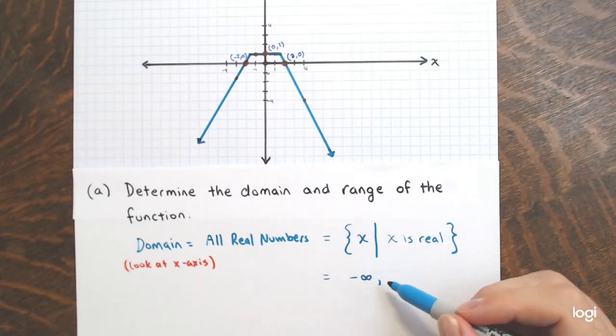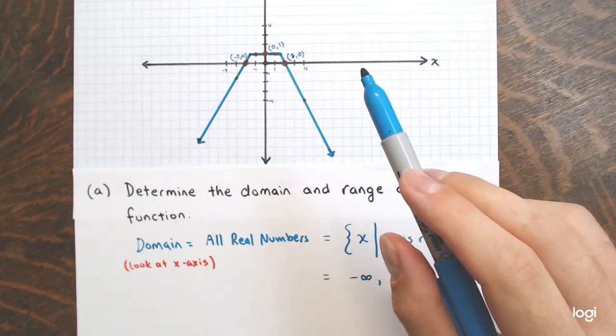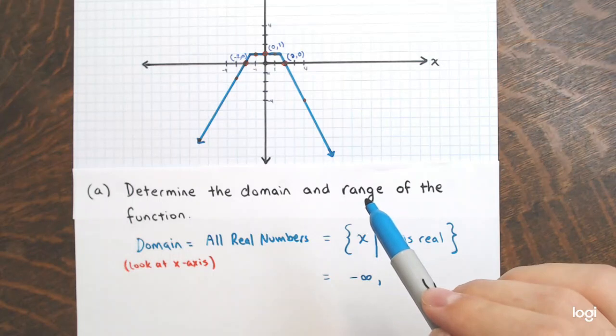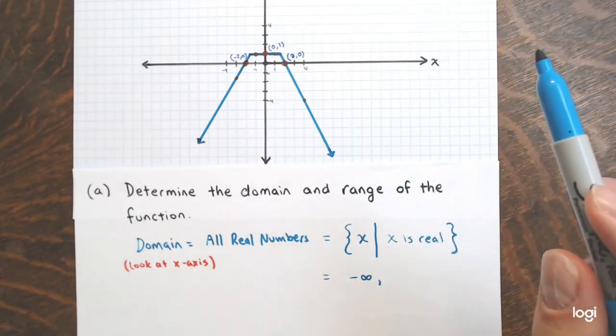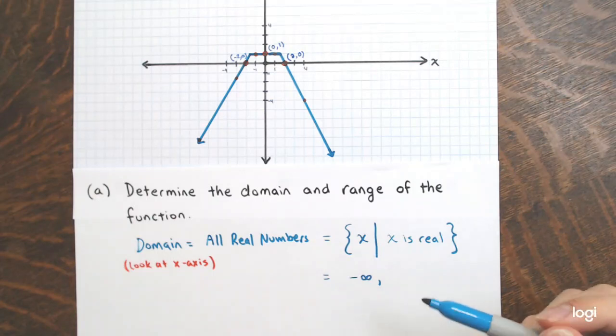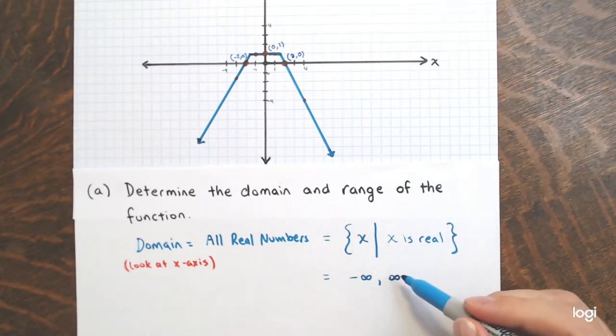No, -infinity, comma, and then is there a largest value in the domain? No, the same thing. If I say 10 is the largest, because there's a point with an x value of 10, well then you can go to 1,000 and say that's the largest. Then you go to 1,000,000 and say that's the largest. There is no largest value in the domain, so I say that that's infinity.